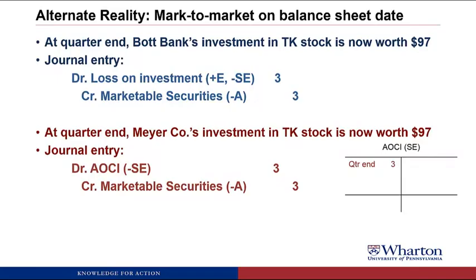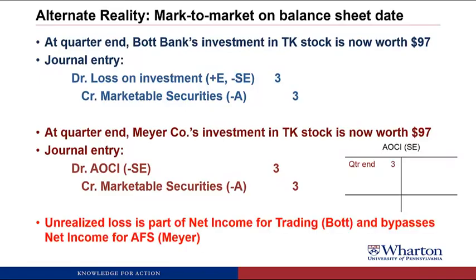Now, notice this is just like retained earnings, where you could actually have a balance on the debit or credit side. So AOCI and retained earnings, you could have balances on the credit side or the debit side, depending whether it's accumulated other comprehensive income, or in this case, it's really accumulated other comprehensive loss because it's a loss on investment. Bottom line is, this loss of 3 bypasses net income for available for sale for Meyer, whereas it's recognized in the income statement for Bought.